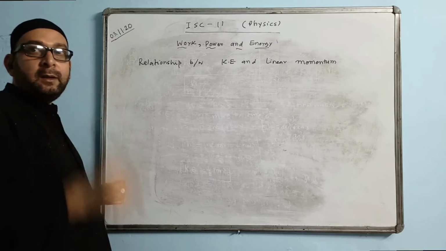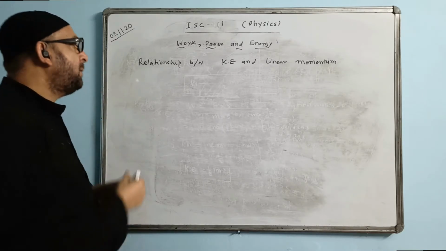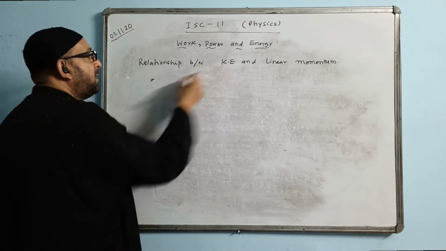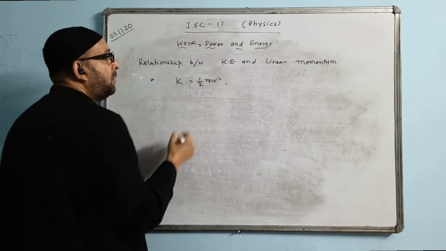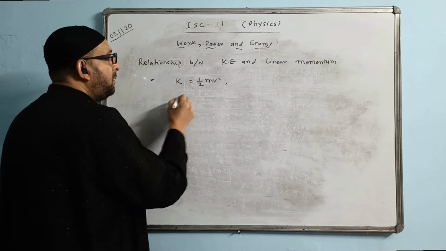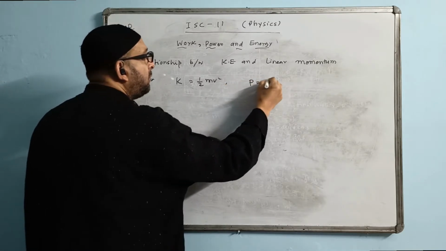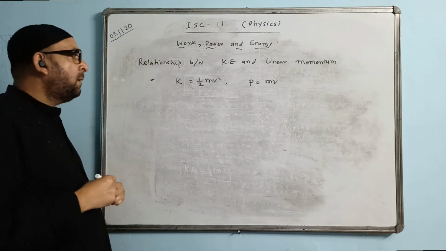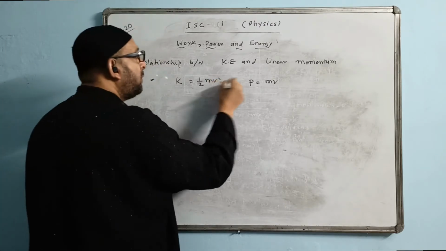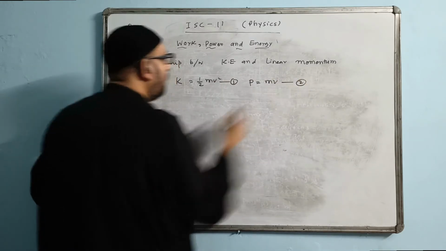Momentum is denoted by P, and the formula of P is mv. We will write the equations here. Kinetic energy K is equal to half mv square, and momentum P is equal to mv. Mark this as equation 1 and this as equation 2.